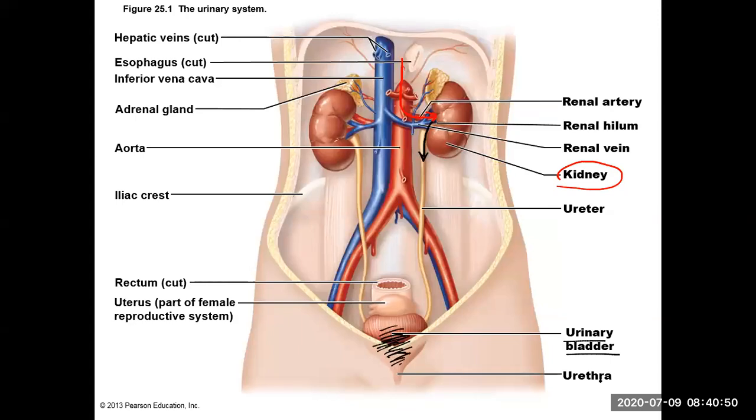And finally, the urethra, where you learn about the internal and external sphincter, allows the exiting of the urine to take place, which a lot of times is referred to as urine output. What amount is going to come out is basically referred to as urine output.